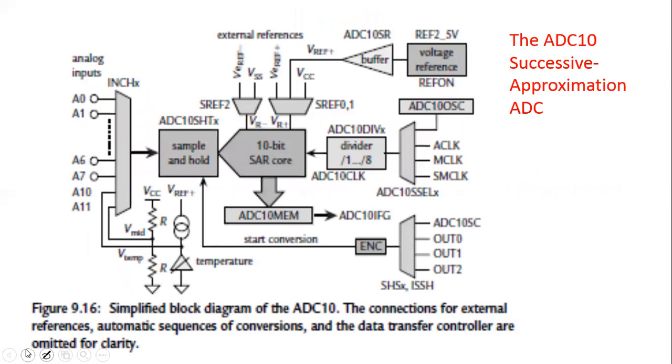This is a simple diagram. Now this is our successive approximation method. In this we have two references: V reference plus and V reference minus.